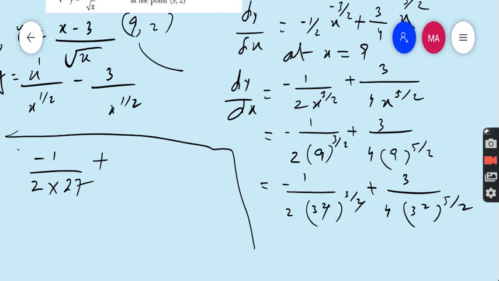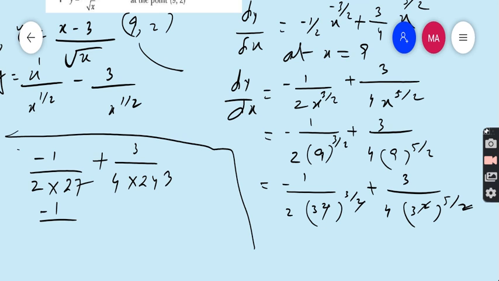Similarly, plus 3, this 2 cancels by this 2, 3 upon 4, and 3 power 5 is 81 into 3, 243.